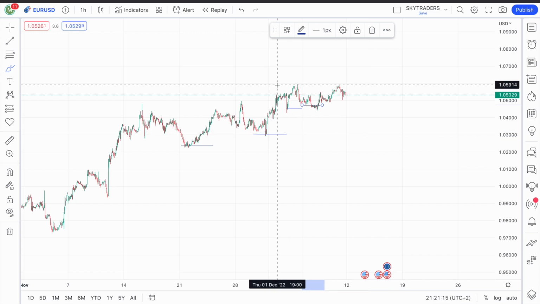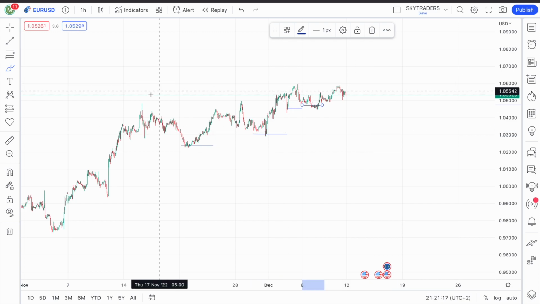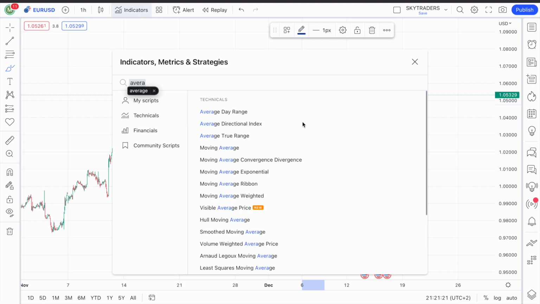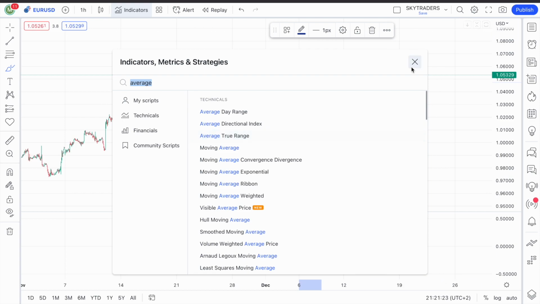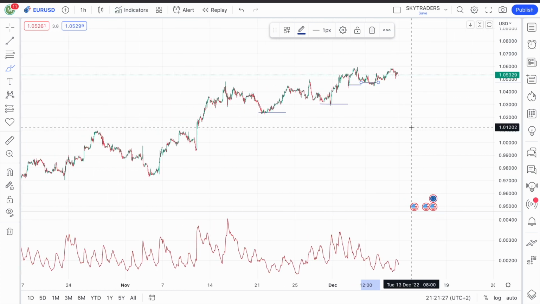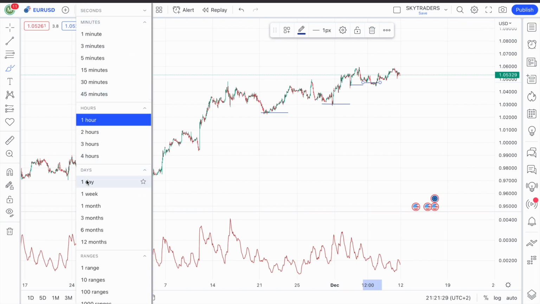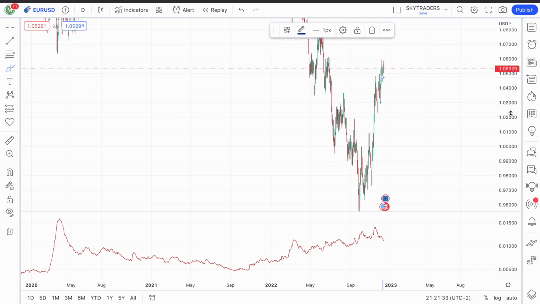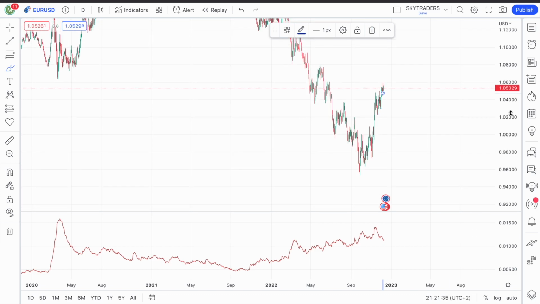So let's look also at the average true range. I remember I told you before that this is the only indicator I use actually in my trading, because it kind of shows me on the daily time frame the volatility, or how many pips I'm waiting to see. We experienced huge volatility since the 14th of November.